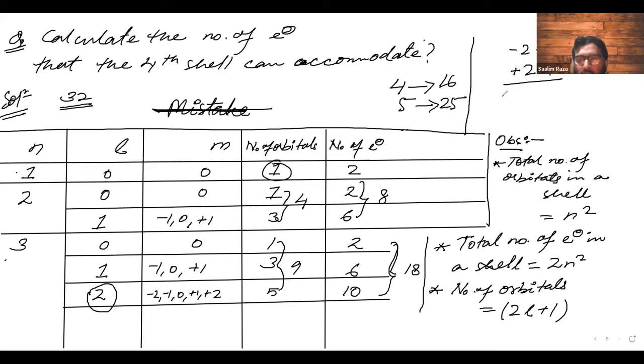This is equal to 4, which is 2 into the value of l. What was the value of l? It was 2. And you also have 0, so the other value will be plus 1. Then you get 5. So by that observation, number of orbitals is equal to 2l plus 1.